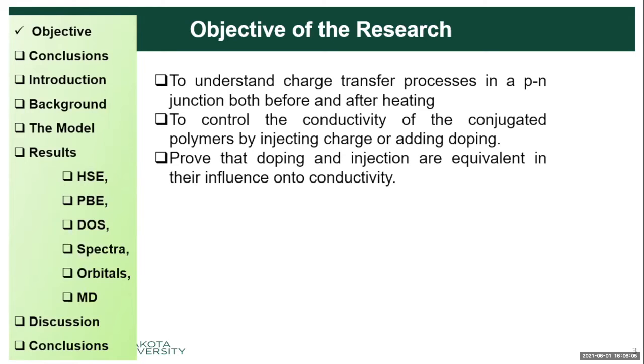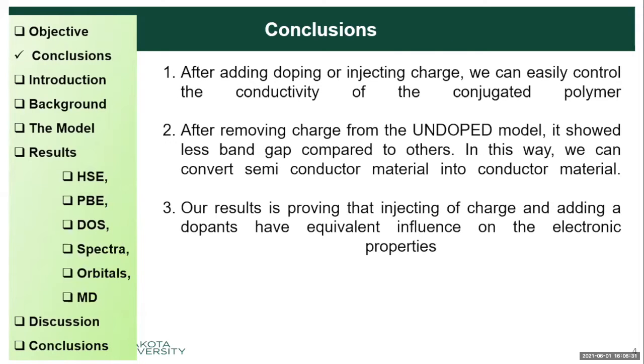And also we try to prove that the doping and injection show equivalent results, and that after doping and injecting the charge, the material behaves like a conductive material. Okay, so this is the conclusion of my class project work.